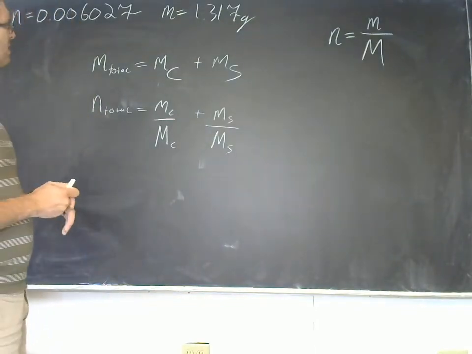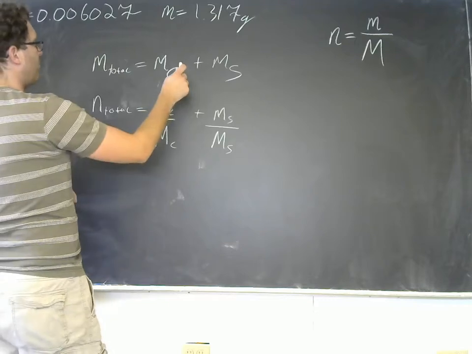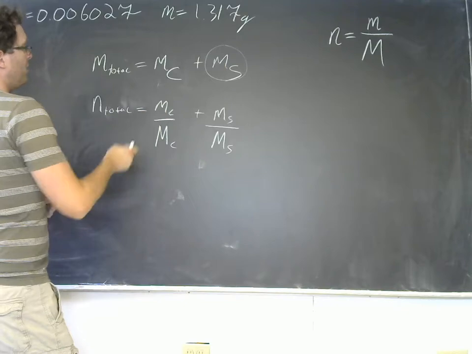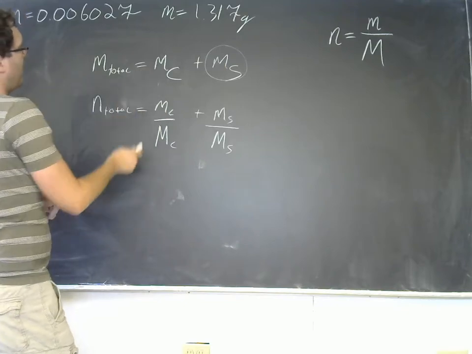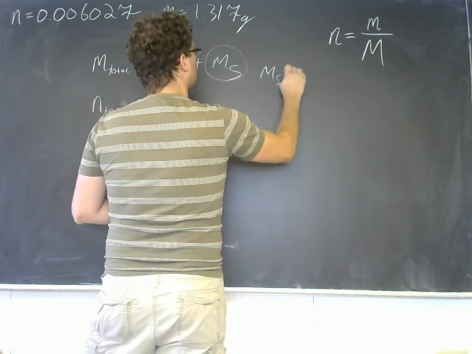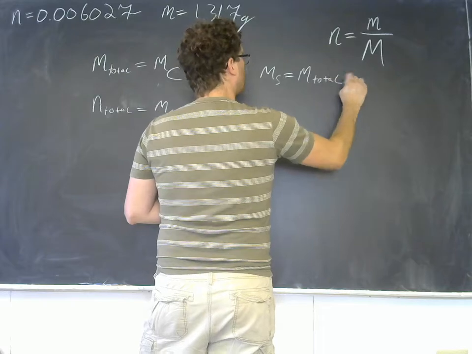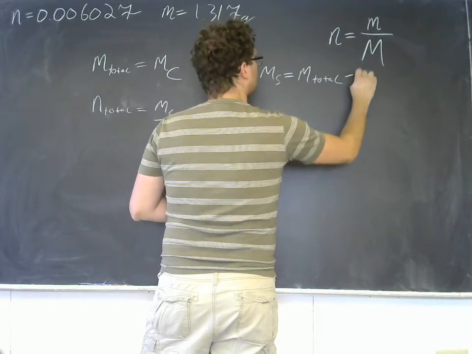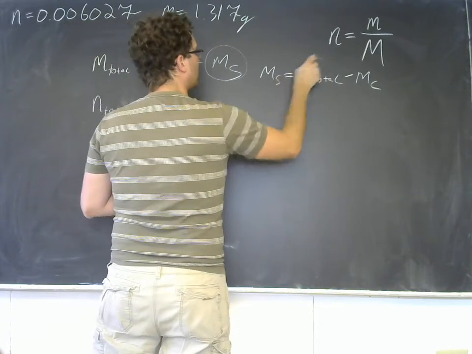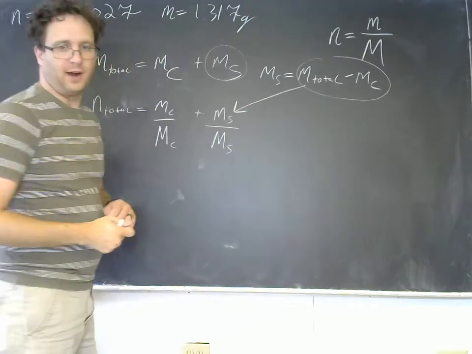Okay, and why does this help us? Well, let's solve for the mass of the sucralose in terms of the mass of vitamin C and the total mass. So we know that the mass of sucralose is equal to m total minus the mass of vitamin C. And now we can take this and plug it in right there.